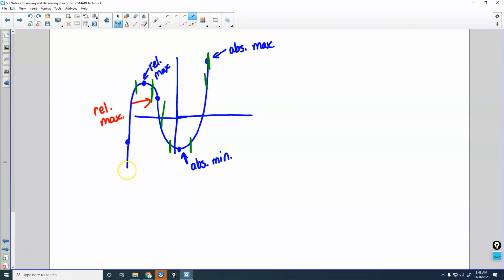If this kept on going down here, then this would no longer be my absolute minimum. This would be my absolute minimum, and then that one would have to just be a relative minimum. So now I've got a really bad picture here.